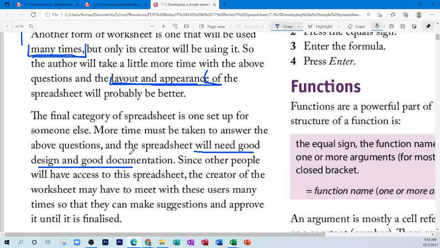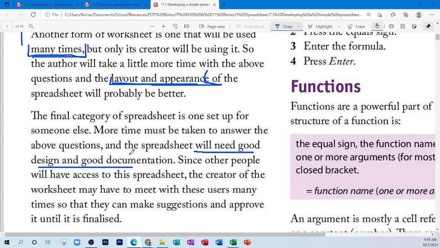Now we have another situation whereby someone may ask you to design a spreadsheet for them. So your parents might ask you, a family member might ask you, or say you have a job and they ask you to design a spreadsheet so that they can record data and do some calculations. I'm going to give the example of an invoice.